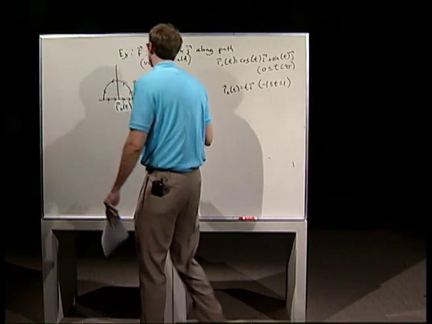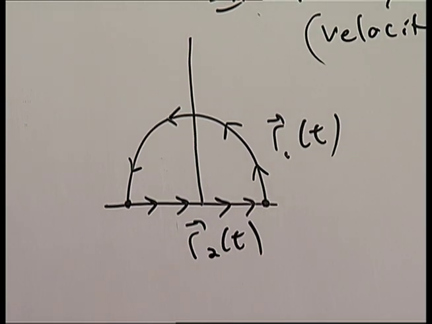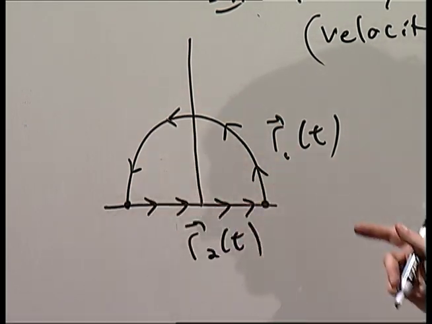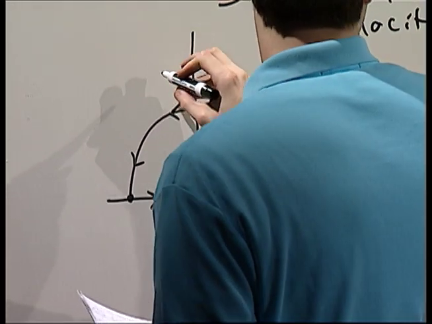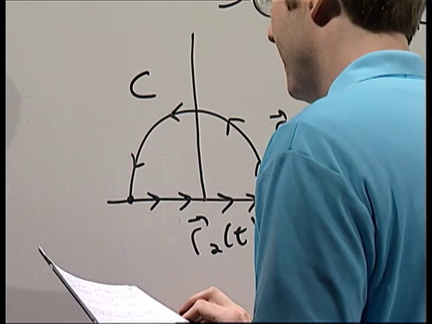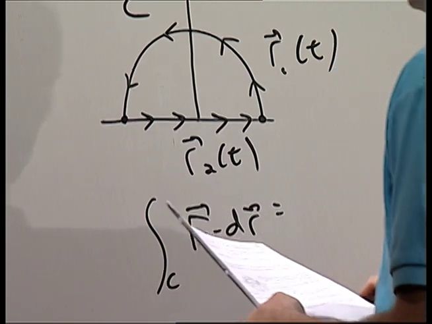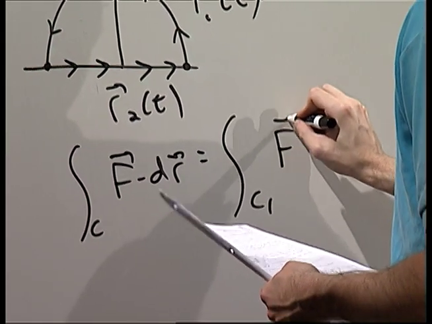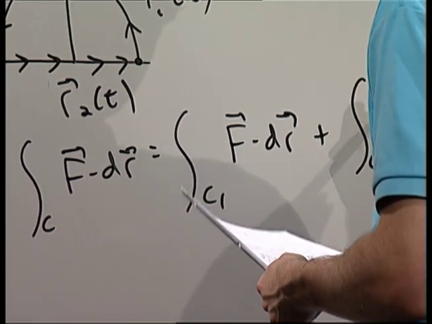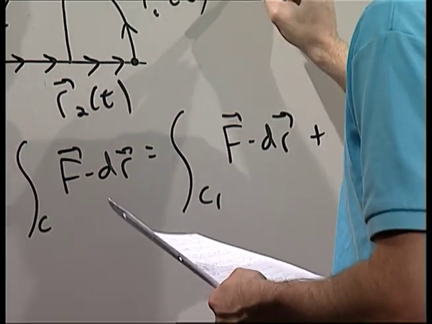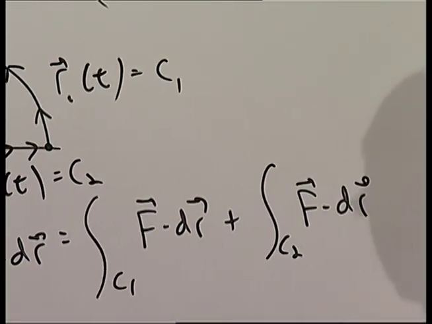And remember that line integrals have finite additivity, so I could simply take the integral over the arch plus the integral over the line segment, and I get the full integral. That's not a problem at all. So if I call this whole thing C, then the integral along C is just the integral of each piece separately. Call this C1 and this C2. That's what we had from last section.